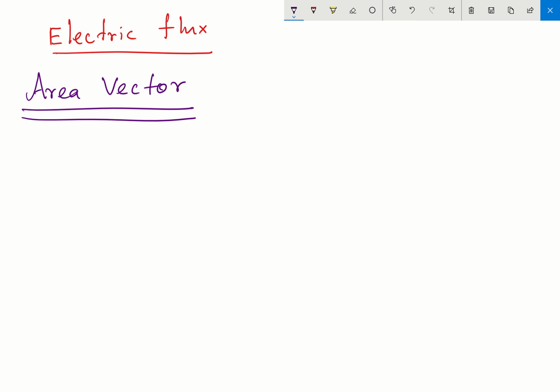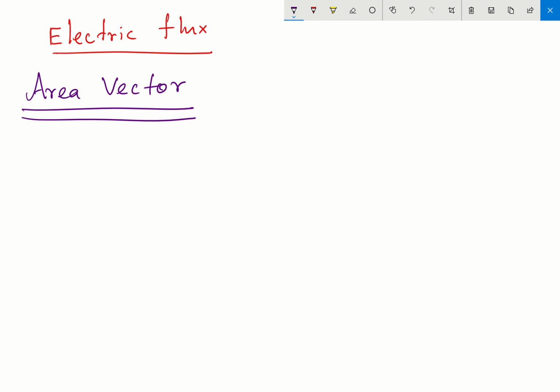So in this chapter also, we are going to take area as a vector only. Vector means, immediately we'll ask, what is the direction of area vector? Now I am going to tell you what it is.